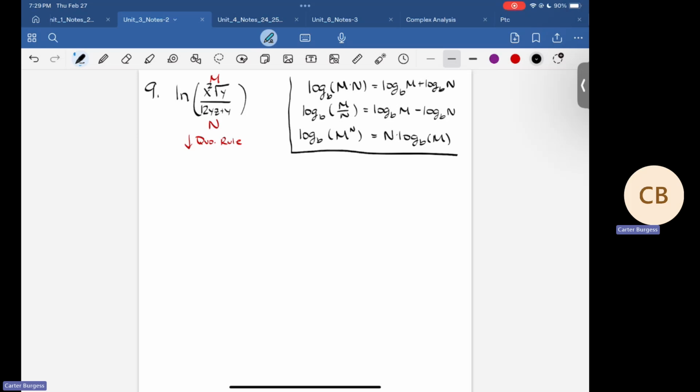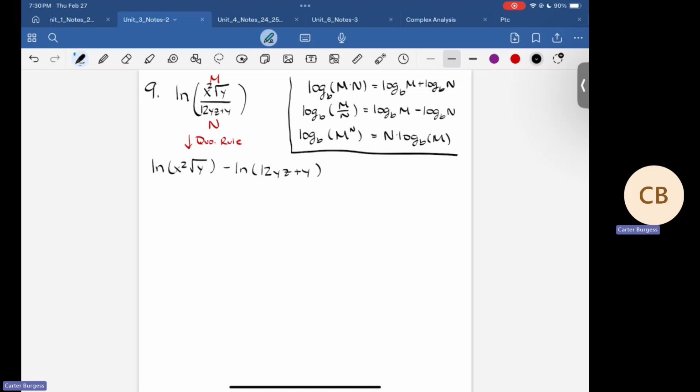So inner division turning into two logarithms that are being subtracted. This is log base e, so ln of x squared times the square root of y, minus the ln of 12yz plus y.